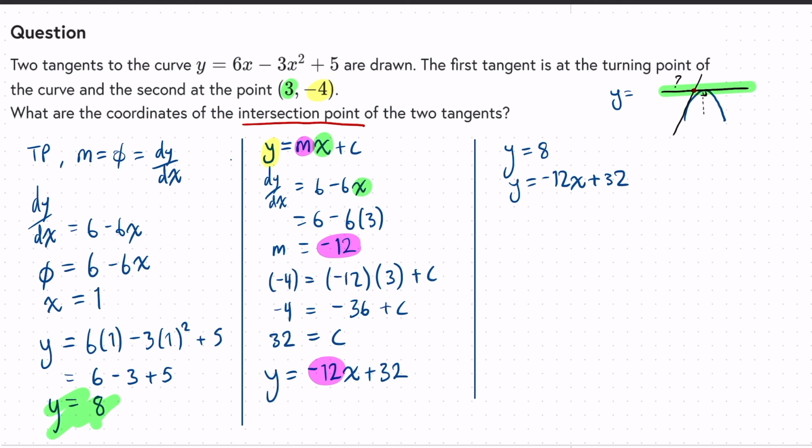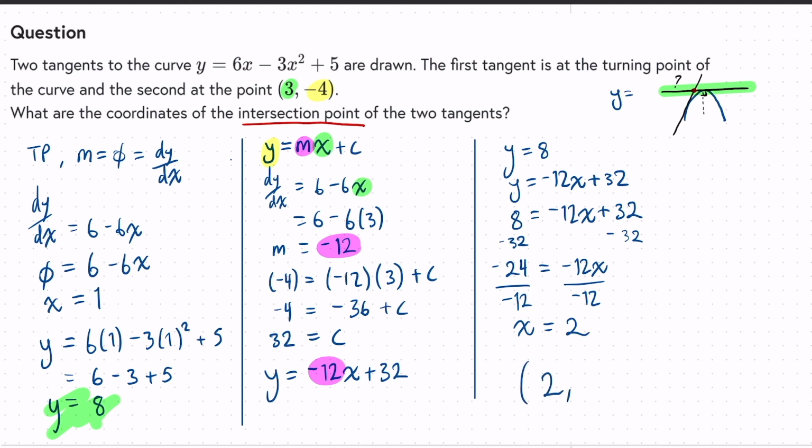I set them equal to each other, because that's what it means to intersect, and I'm going to solve this as a linear equation. So what's the intersection point? The intersection point is at (2, 8).